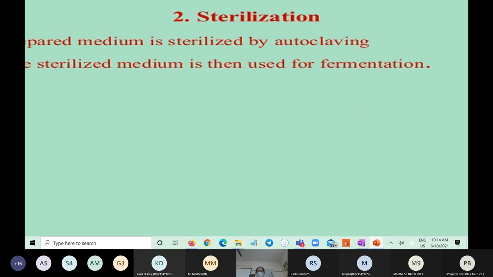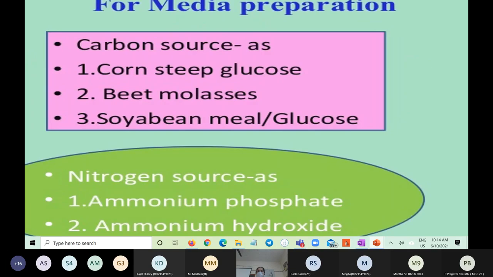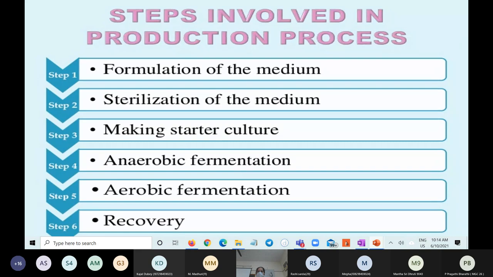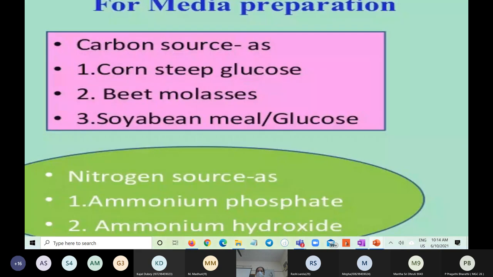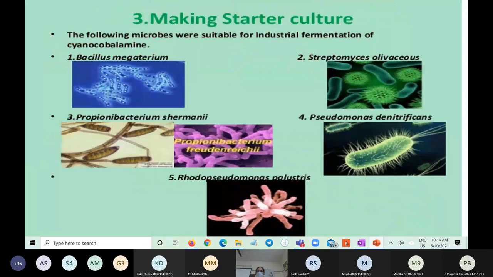Now the fermentation comes. The third step is the starter culture preparation. The microbe most used at industrial scale is Propionibacterium shermanii.